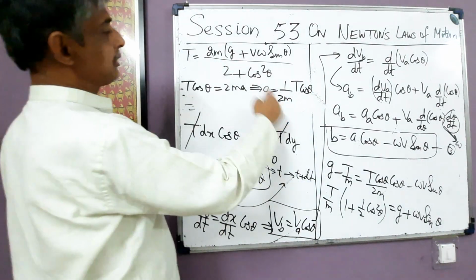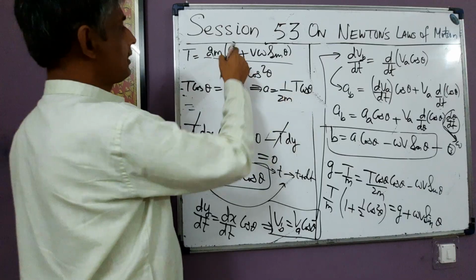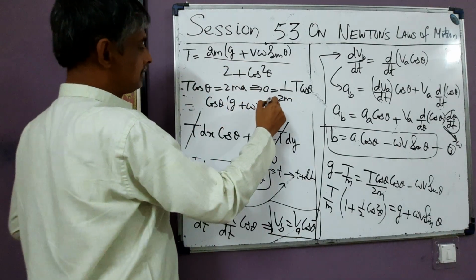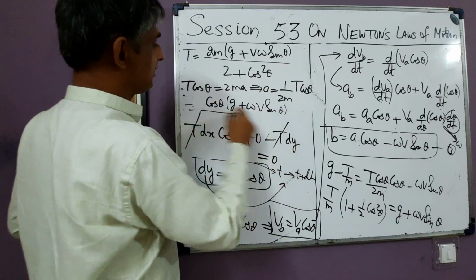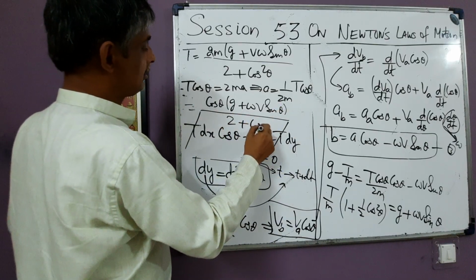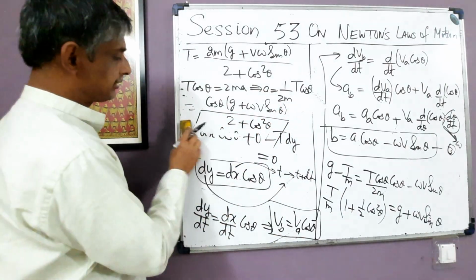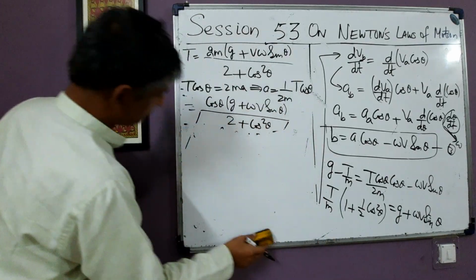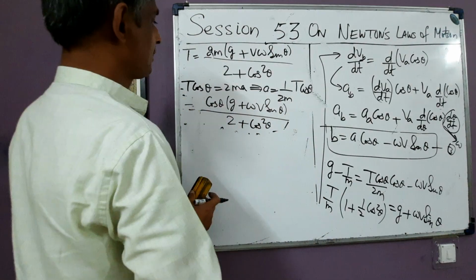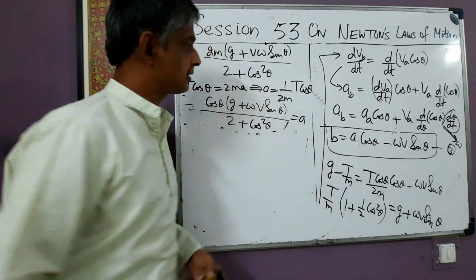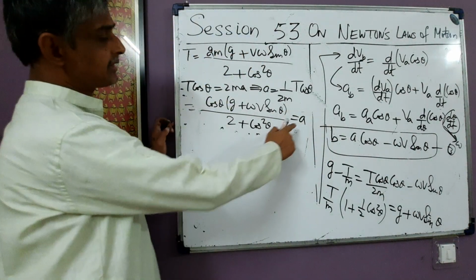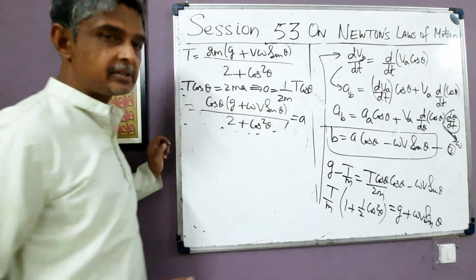Now if I divide by 2M, this 2M goes away and a cos theta comes here: cos theta into G plus omega v sin theta by 2 plus cos square theta. So I obtained the value of A, the acceleration of this ring with respect to ground at arbitrary instant.